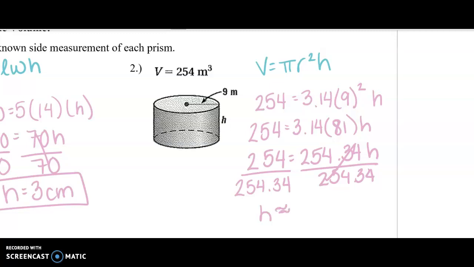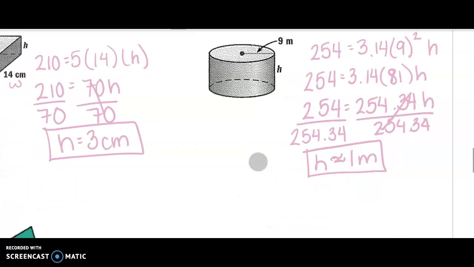So we're looking at it being around 1 meter, which clearly this is not drawn to scale, but that's okay. Things aren't always drawn to scale. Okay, but that's going to be roughly 1 meter. It was 0.998, but rounding that up is actually going to round that up to 1.